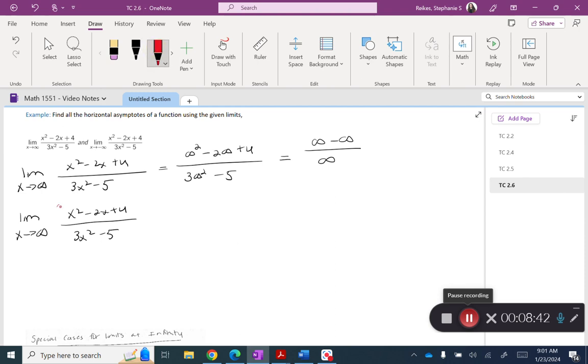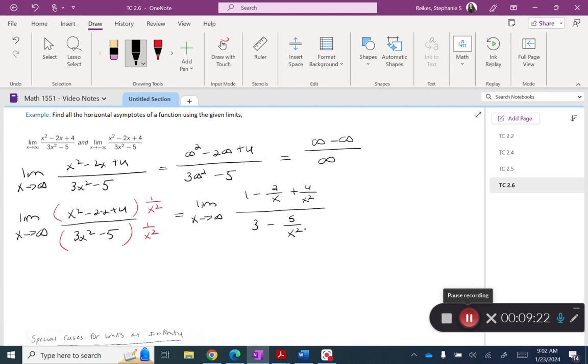If I take this function and multiply it by the highest degree, I'm going to multiply by 1 over x squared, and I'm going to get the following. Again, it's a fraction. As long as I do the same thing top and bottom, we're good. So what do I have? The limit as x approaches infinity, and now once I multiply that all in, I'm going to get 1 minus 2 over x plus 4 over x squared, all divided by 3 minus 5 over x squared.